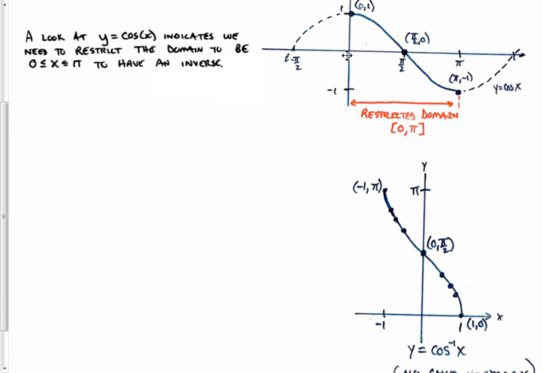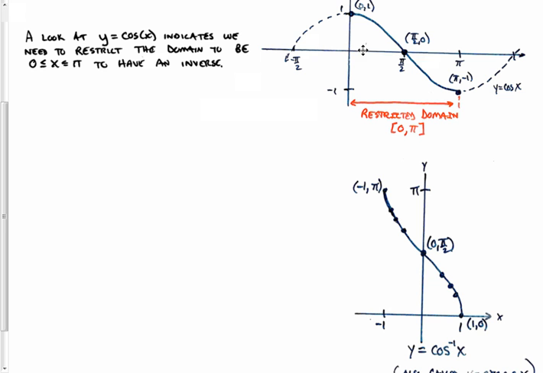remember how the points are reversed. Normally on this restricted function, the point (0, 1) is on the graph, so that would be (1, 0) here, and we see that. And the point (π, -1) will be on the graph, so that means (-1, π) will be on this graph.